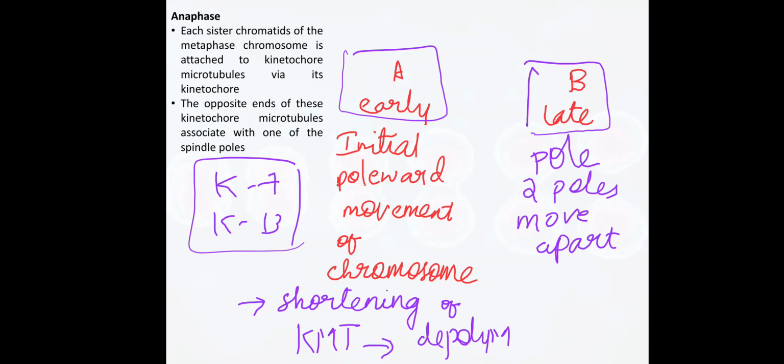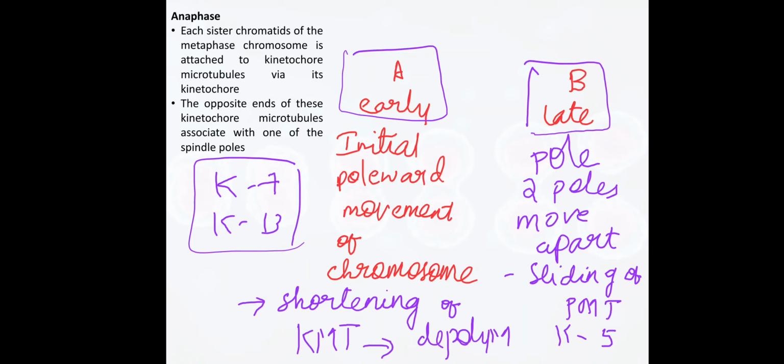It happens due to sliding. Here it was shortening of KMT; here it is because of sliding of polar microtubules past one another, and pulling forces exerted by astral microtubules. This is directed by kinesin 5.